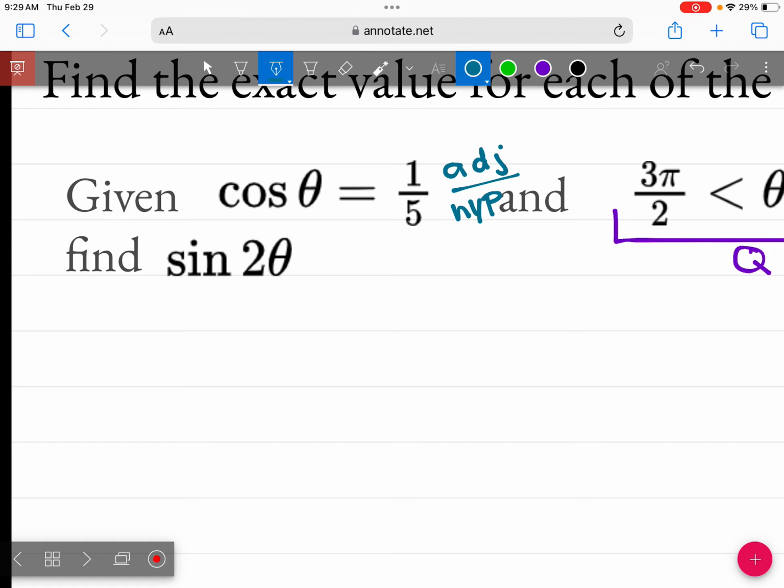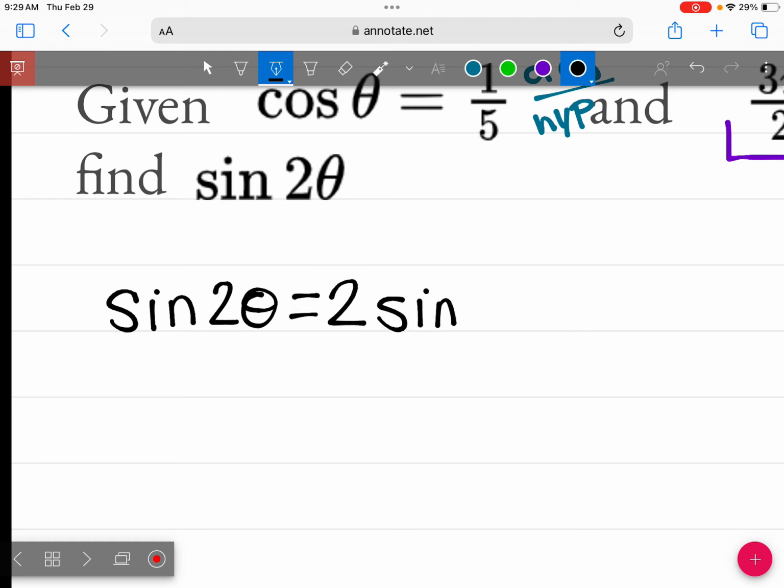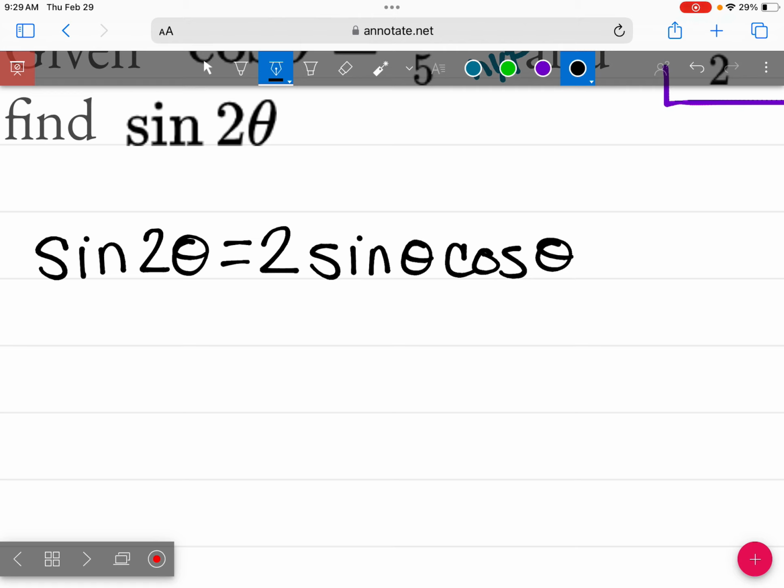All right, so we're going to use our sine of 2 theta formula to get our double angle. So sine of 2 theta, that's 2 sine theta cosine theta. So we're going to have 2 times, what is the sine of our angle?